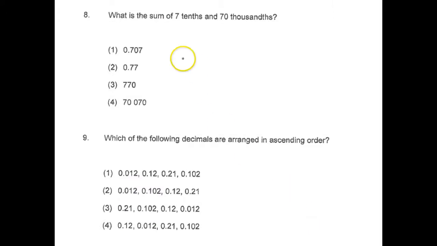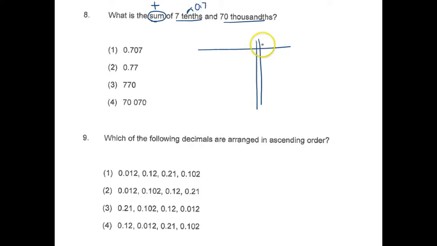Question 8. What is the sum of 7 tenths and 70,000? Sum means I want to find the total. So I add 7 tenths. To help us see this, what we can do is draw our place value chart. 7 tenths is 0.7. This is my decimal point.